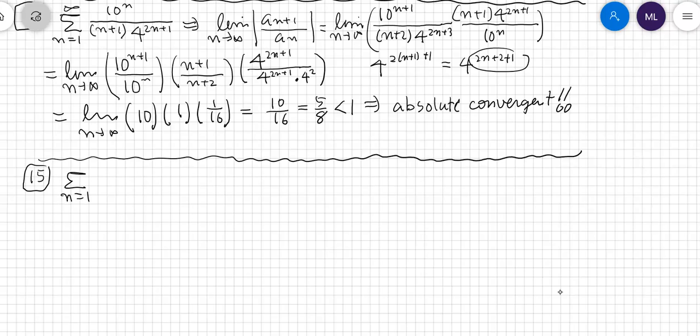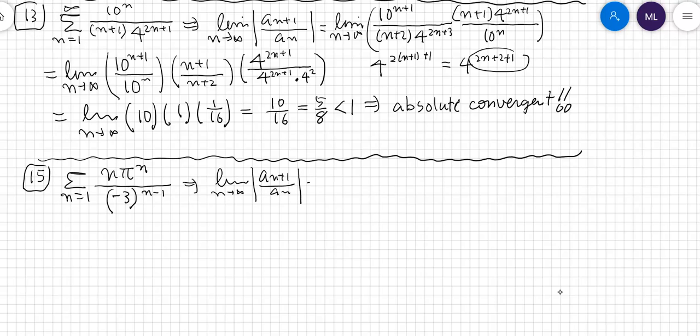n equal 1, pi to the n over 3n minus 1. So now from here, what is the limit of a n plus 1 over a n?